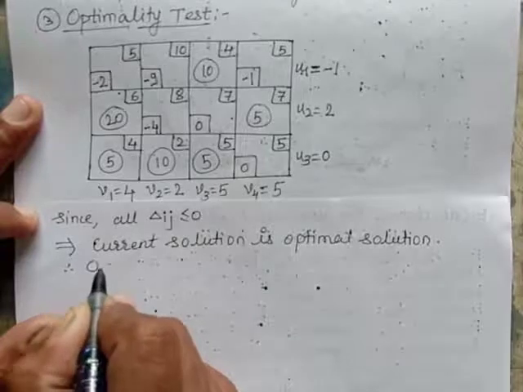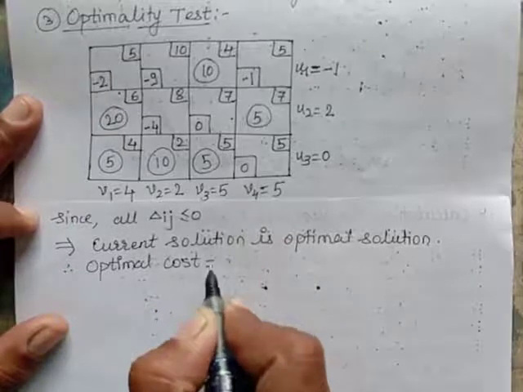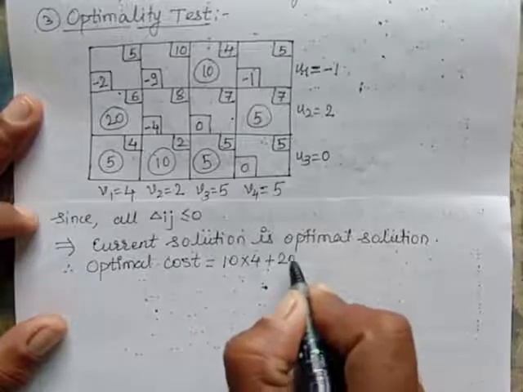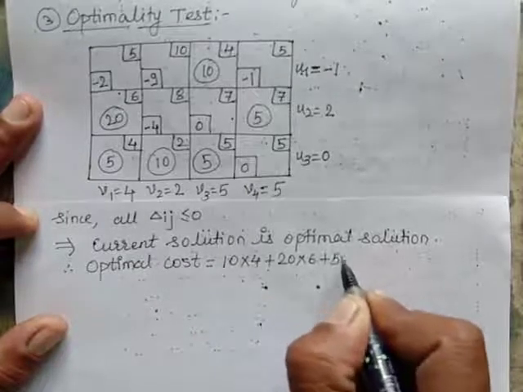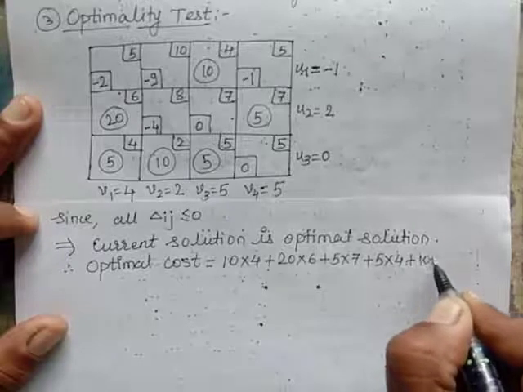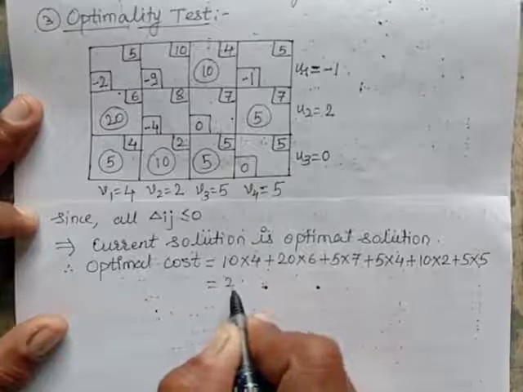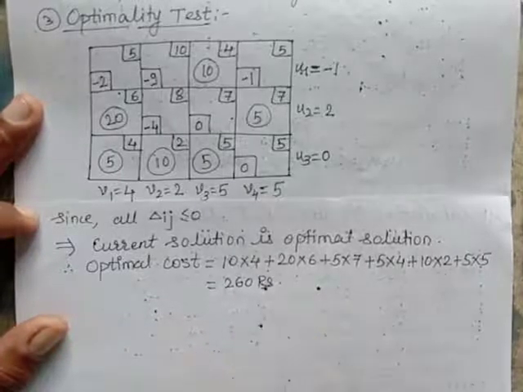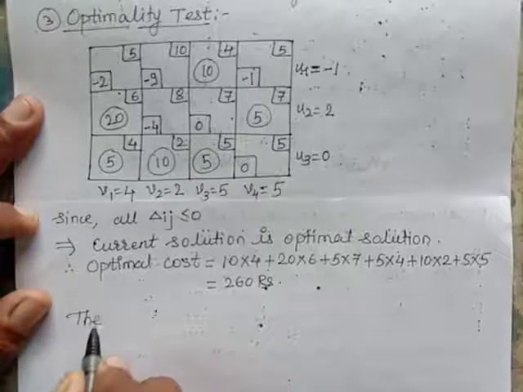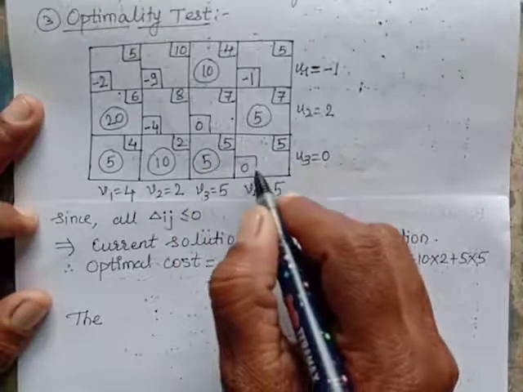Therefore, optimal cost is 10 into 4 plus 20 into 6 plus 5 into 7 plus 5 into 4 plus 10 into 2 plus 5 into 5. So that is 260 rupees. Rupees 260.